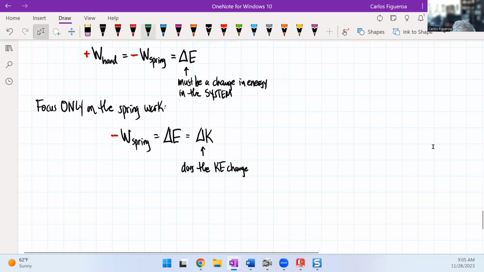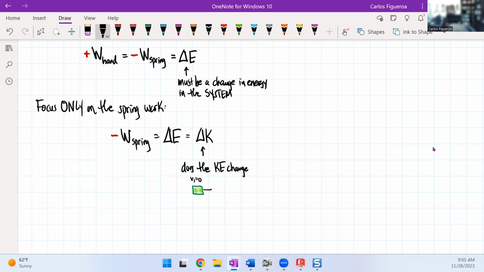If I look at my spring system here, let's say that I start here, and this starts at some initial speed of 0, and then I go through the compression phase. And then I'm going to keep pushing this until I compress it.